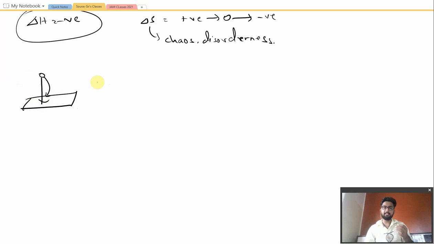As it is stuck, it cannot move in many other directions, so most of the degrees of freedom are cut out. When the degrees of freedom are more, the delta S change is positive. If the molecule leaves the adsorbent and forms a gas, then delta S would be highly positive. Why? Because the restricted movement is now allowed to go into chaos.